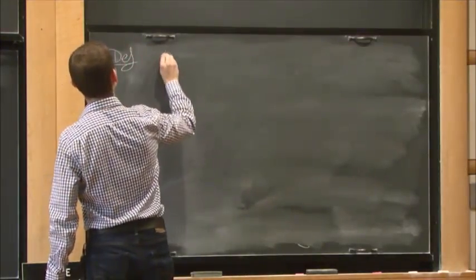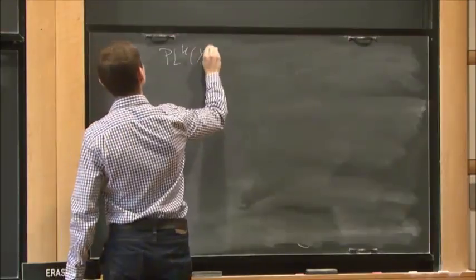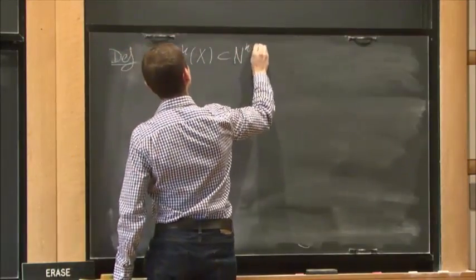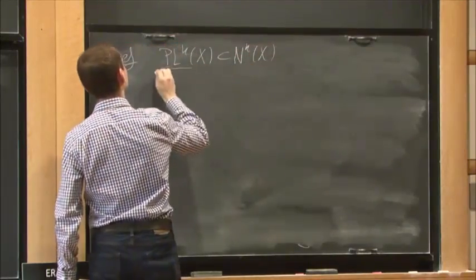So we make the following definition. This is the Pliant cone.